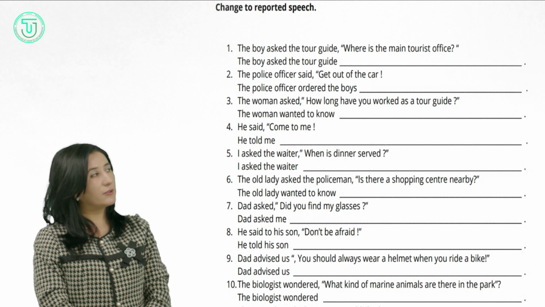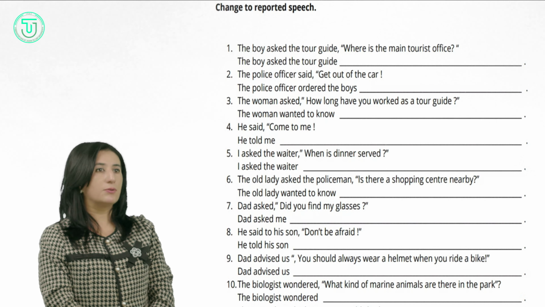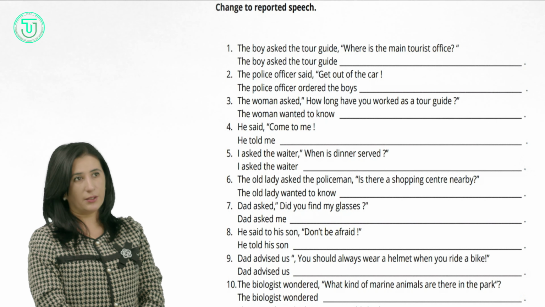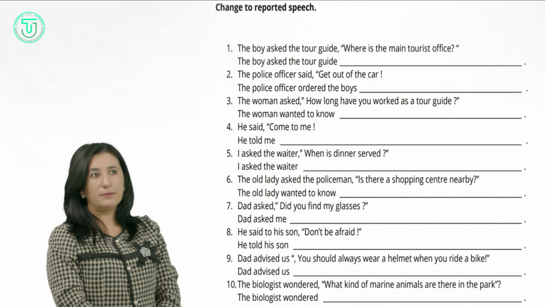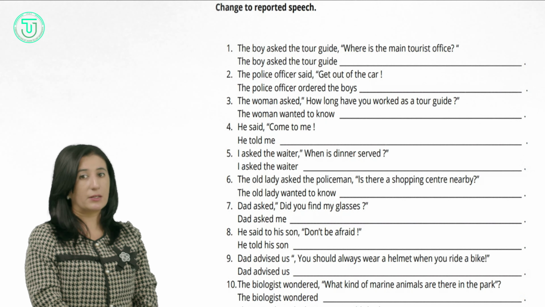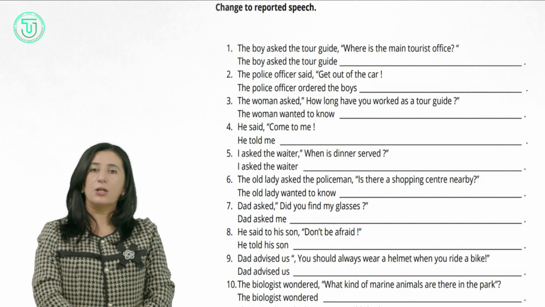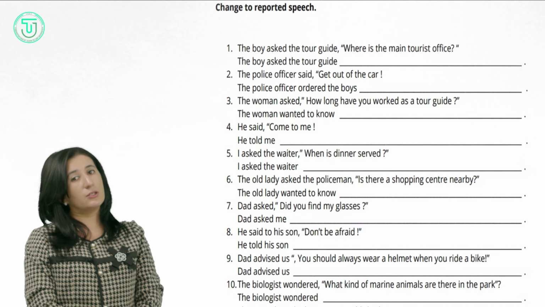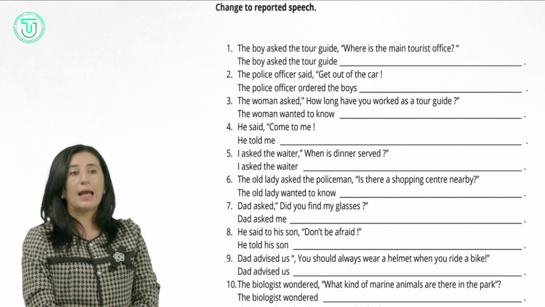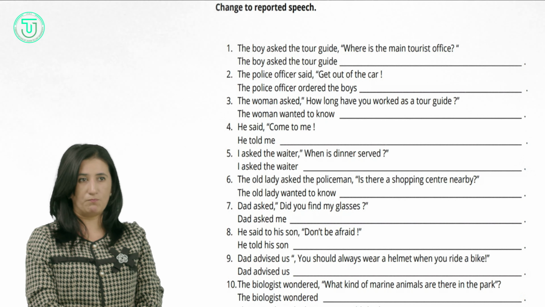Pay attention, the first sounds like a question. The boy asked it to the guide, the tour guide: where is the main tourist office? The question in the direct speech in quotation marks should be transferred into indirect speech as a reported statement, not the question form.